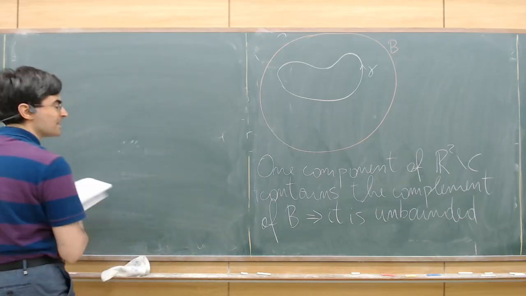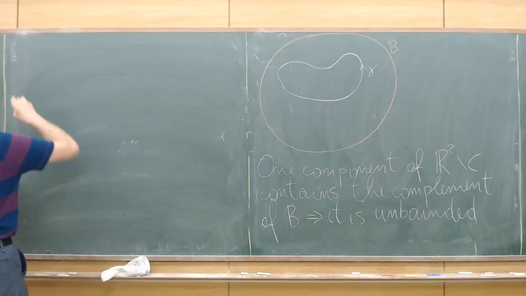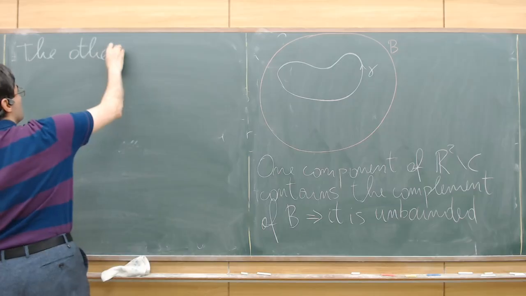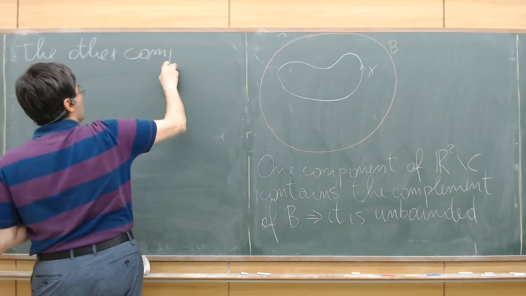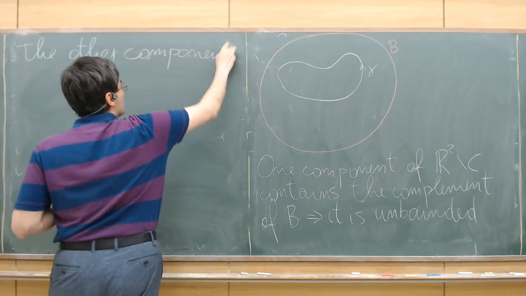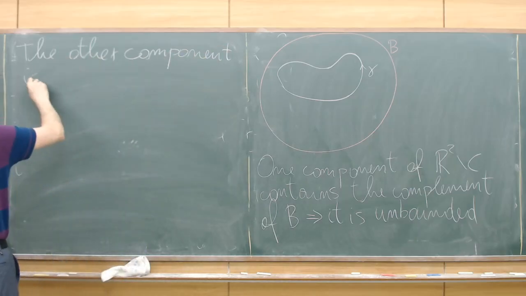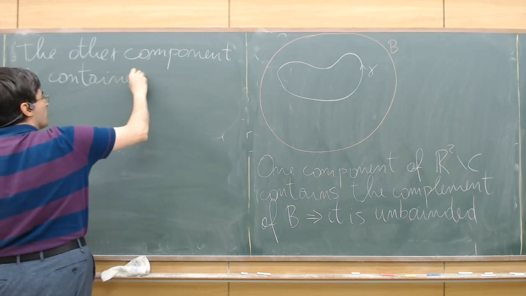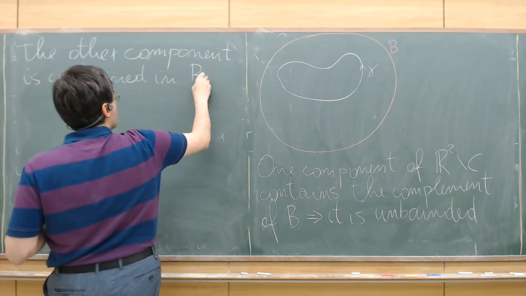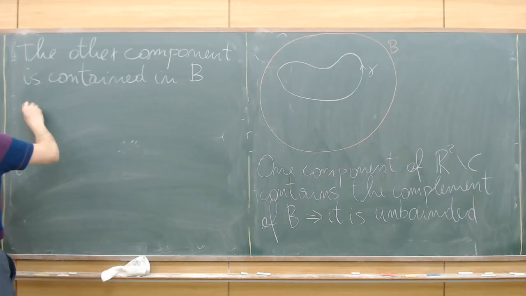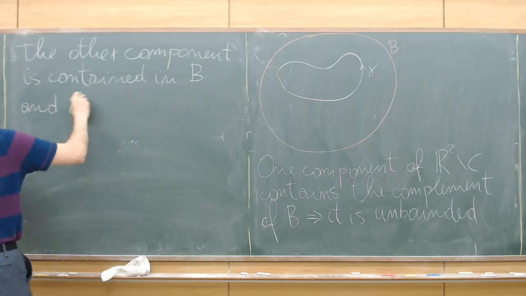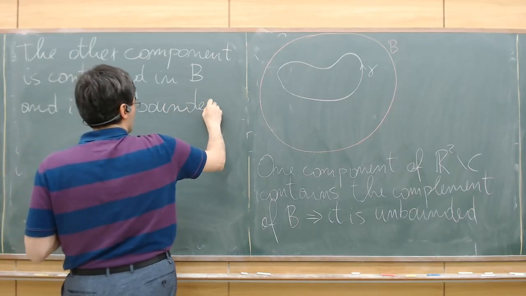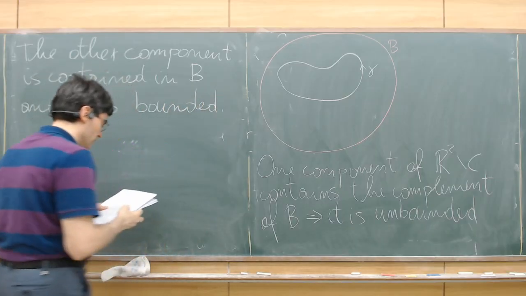And this says also that the other component is contained in B, and it is bounded. And this is the end of the proof.